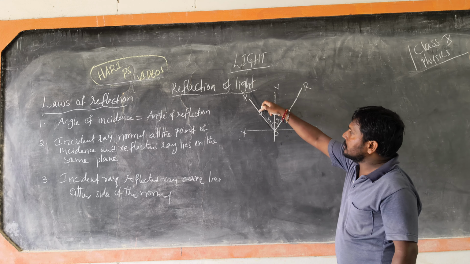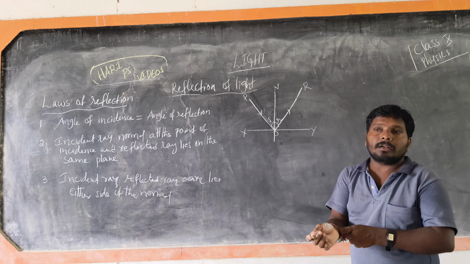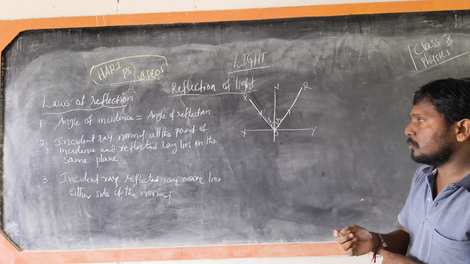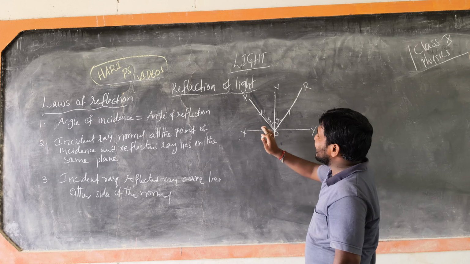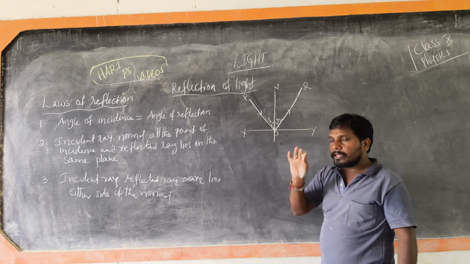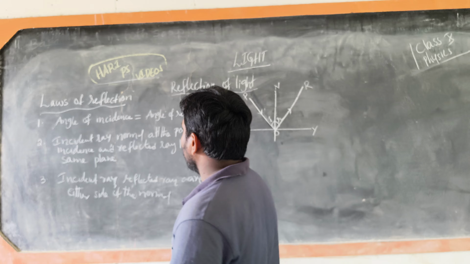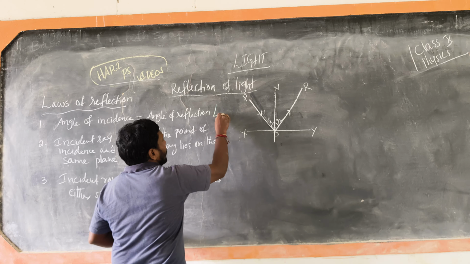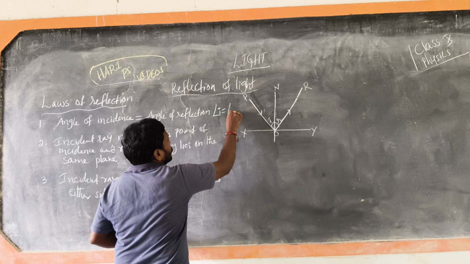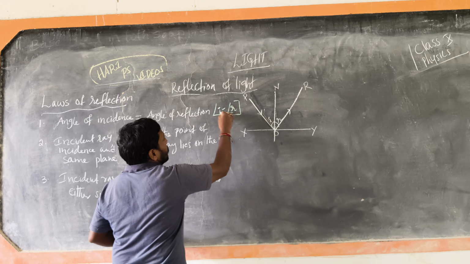The angle between the normal and the reflected ray is called the angle of reflection. So angle of incidence is always equal to angle of reflection. This is the first law. We can write angle I is equal to angle R.